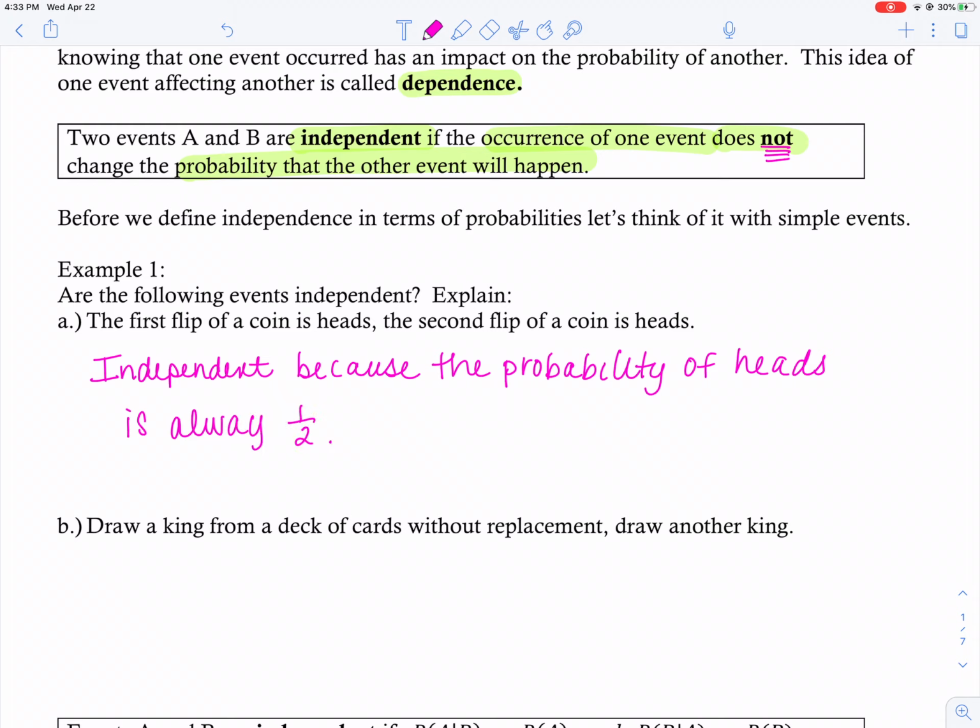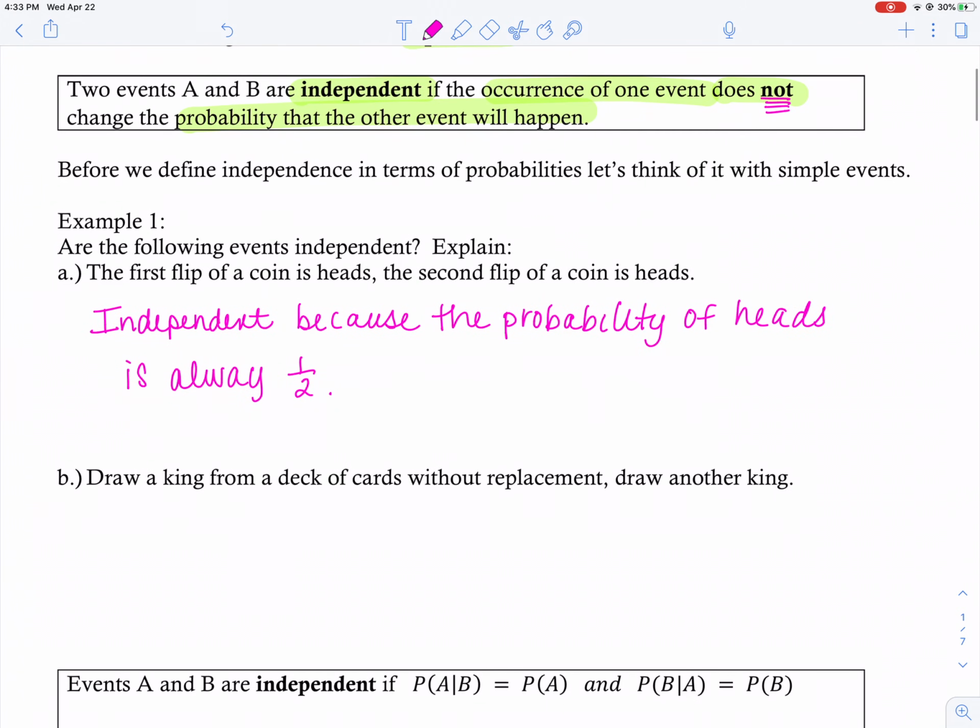Whether you flip the first one and get heads, and flip it a second time and get heads or tails, it doesn't matter. Your probability of getting heads on that second flip is still 1/2. So that's independent.